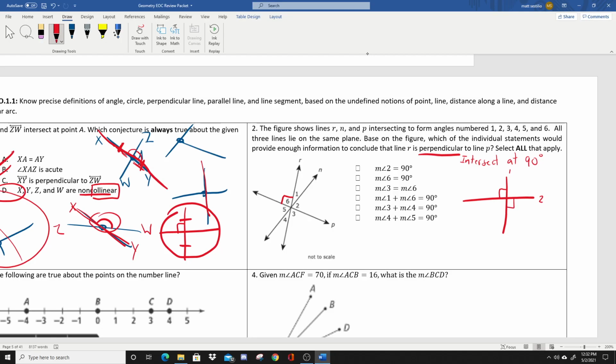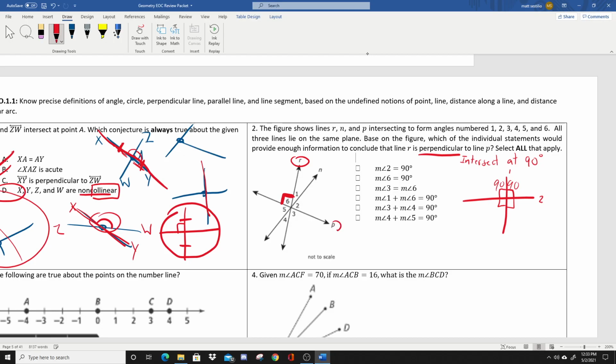And then these are supplementary angles, so if one is 90, the other one has to be 90. Supplementary means they add up to 180. So if this is 90, this would have to be 90 to add to 180, which would mean this one is too. So we could say, if angle 6 is 90 degrees, that means these things are perpendicular.